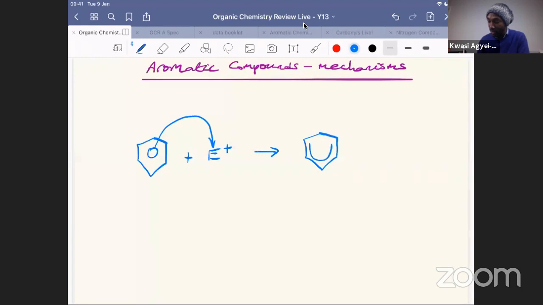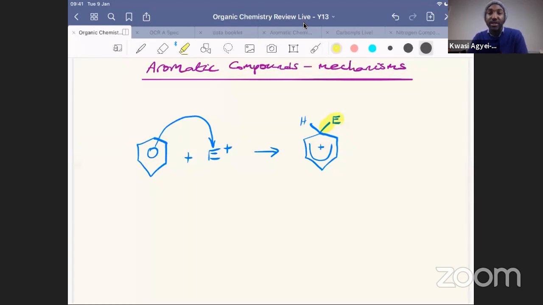Okay, so you've disrupted or broken the aromaticity of benzene. You've used up two of its pi electrons to form a bond to the electrophile. Okay, so the bond formed to the electrophile there is highlighted in yellow. And as a result, you've got a very unstable intermediate, which is no longer aromatic.